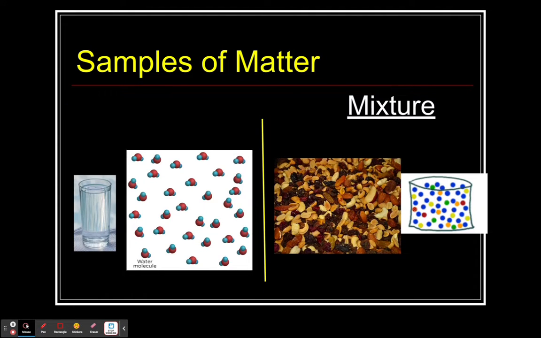They don't combine. You can definitely draw on this page where you see the box for substance. For example, here's water. We only see water all the way through, but really you've got two hydrogens and an oxygen, as opposed to your mixture of trail mix, where you have the cashew nuts and raisins and the different parts.